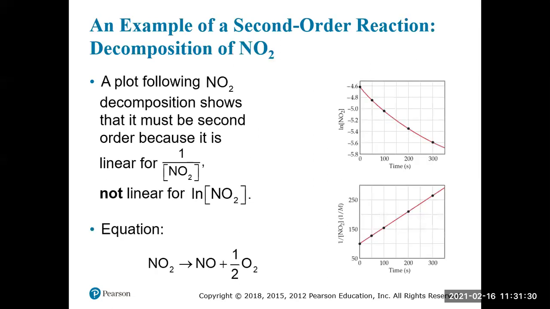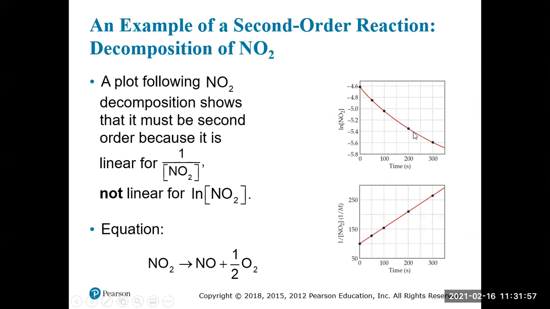And here's just an example of what the plot would look like. In this case, we see that the NO2 decomposition data was plotted versus time. In the top one, we have natural log of NO2 on the y-axis and time on the x-axis.